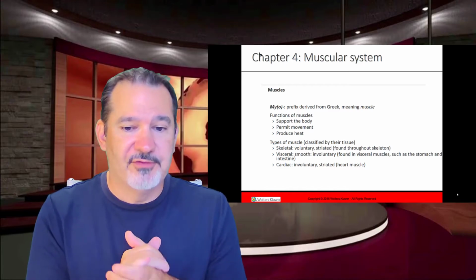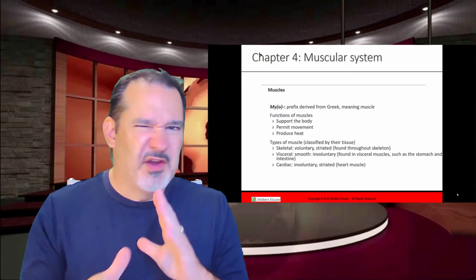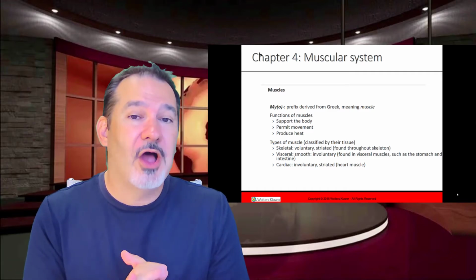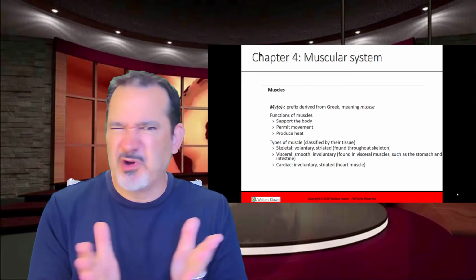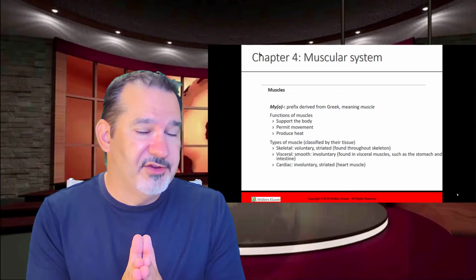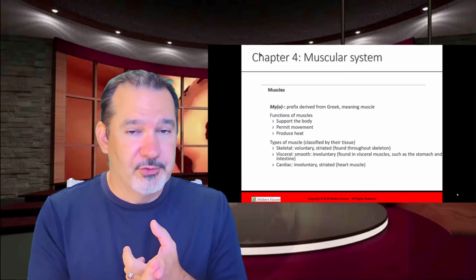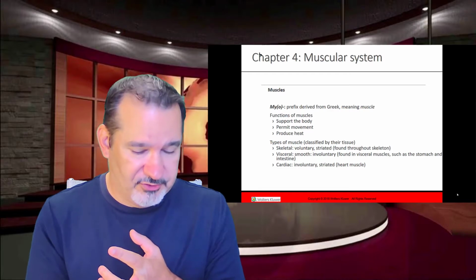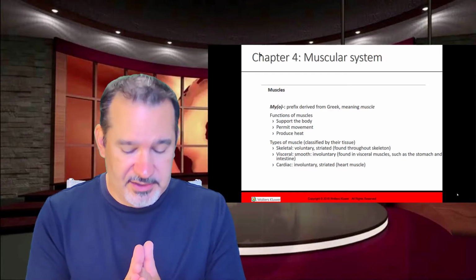The skeletal muscles are voluntary, and they're found everywhere throughout the body. As a matter of fact, the body has roughly 600 different muscles. The two involuntary muscle types are visceral or smooth muscle, and cardiac or striated muscle.